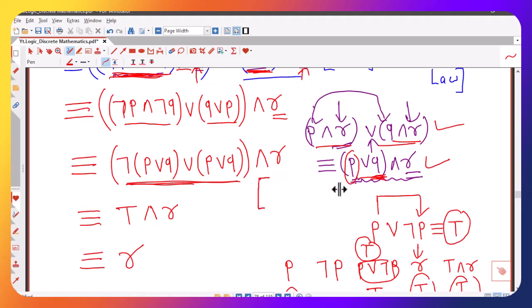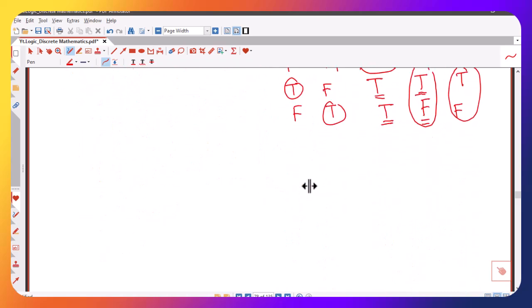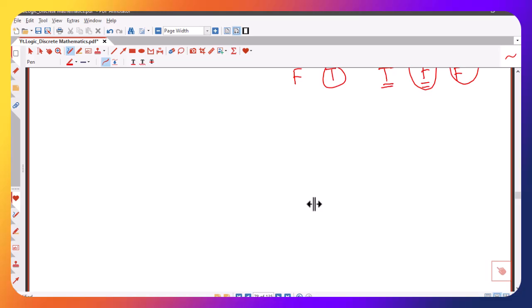Here you have to mention in the bracket, here we have used De Morgan's law. So this is another way to prove that given compound propositions are logically equivalent using basic logical laws or equivalences.